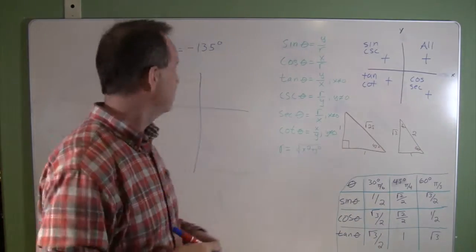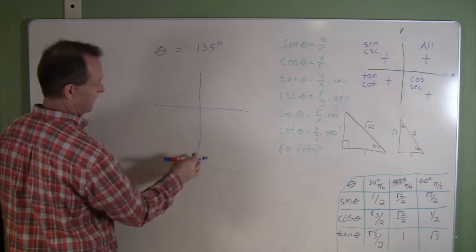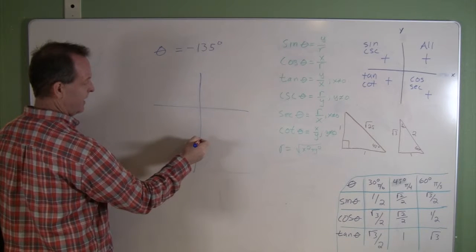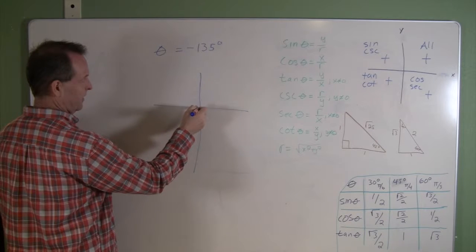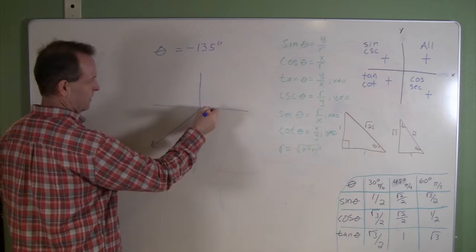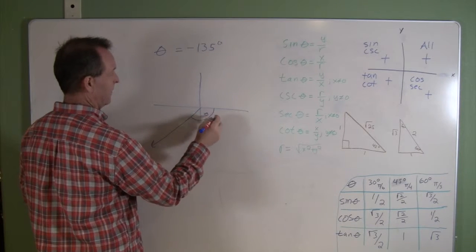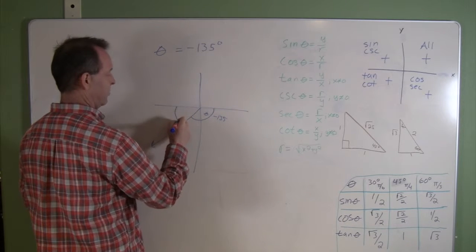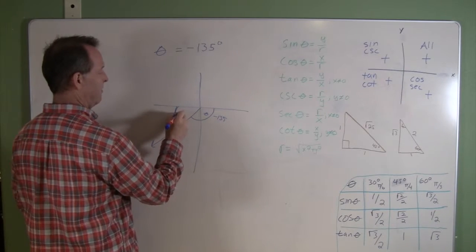Yep, you're right. So which quadrant is it in? Where does that line up? 135 degrees, I know that it's negative, so it's coming around this direction. That's 90. This is 180. I think 135 is right in the middle. So it looks like that theta right there is negative 135. So it would be this distance right here, that angle, that we're going to call theta prime.